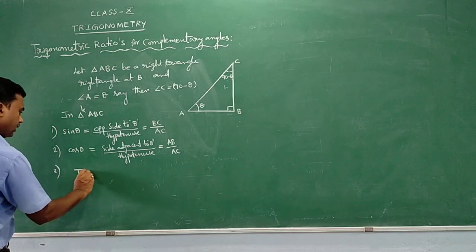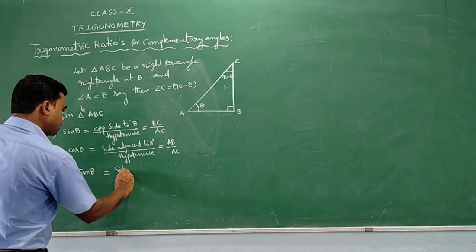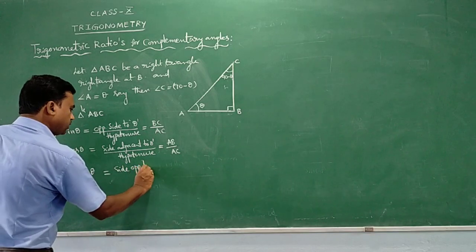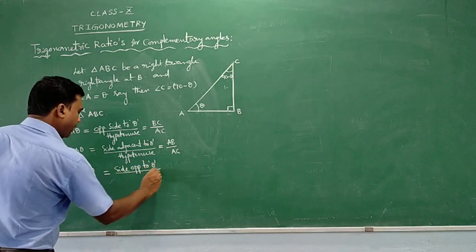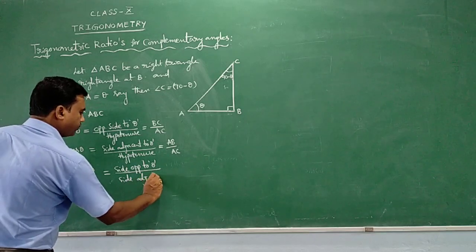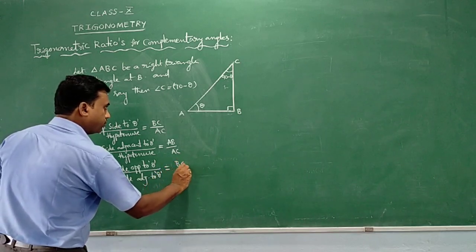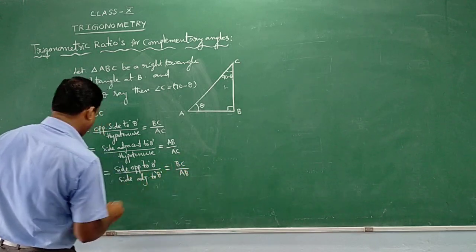Now tan theta is equal to the side opposite to theta by the side adjacent to theta, that is equal to BC by AB.